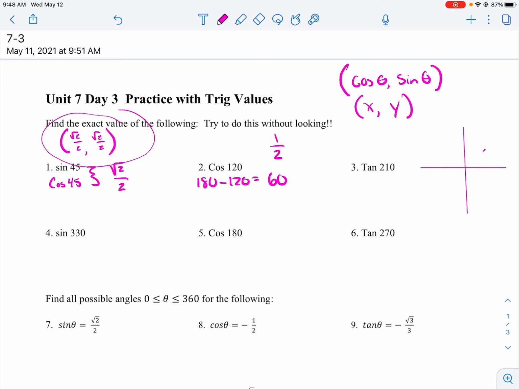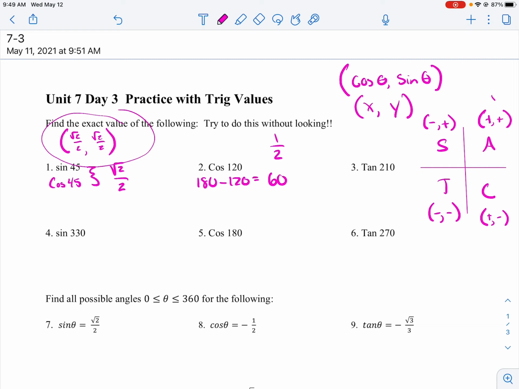Now, here's where our little "All Students Talk Constantly" comes into play. This represents when both the sine and the cosine are positive. This represents when the sine value is positive. Down here, our tangent value is positive, so that means both our sine and cosine are negative, which makes sense being in the third quadrant. And then this is our fourth, meaning our cosine is positive.